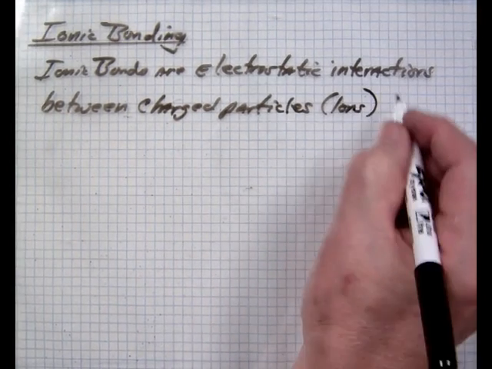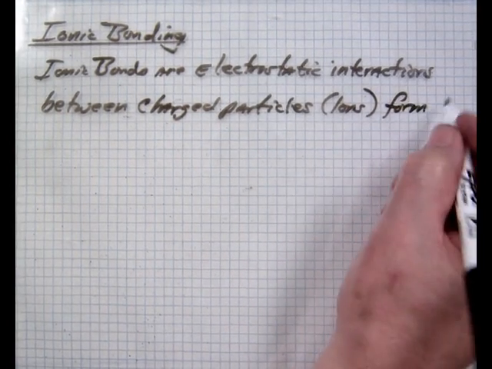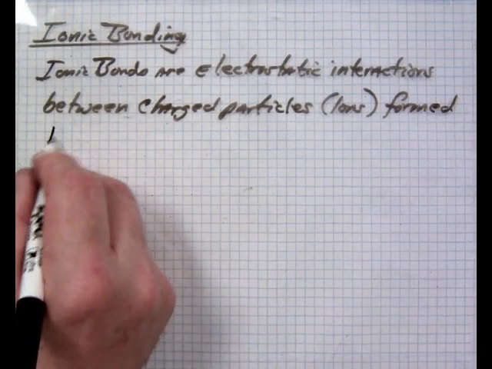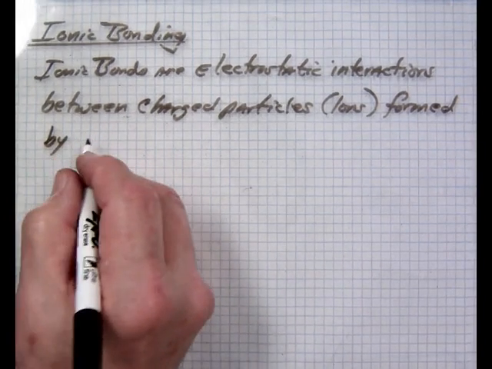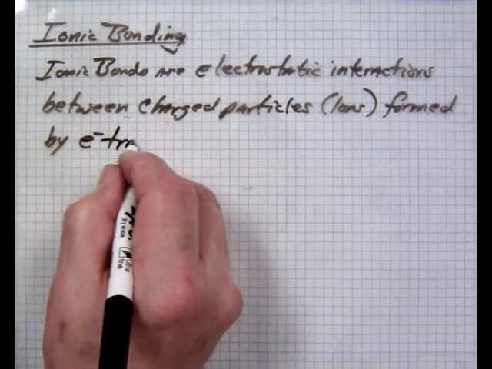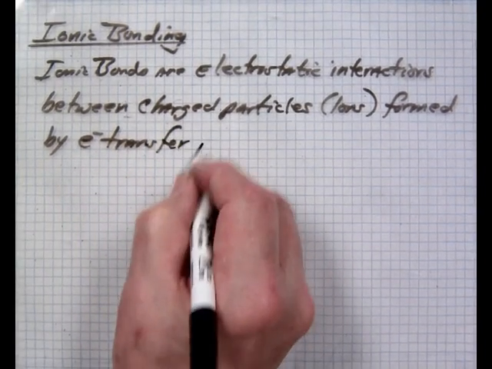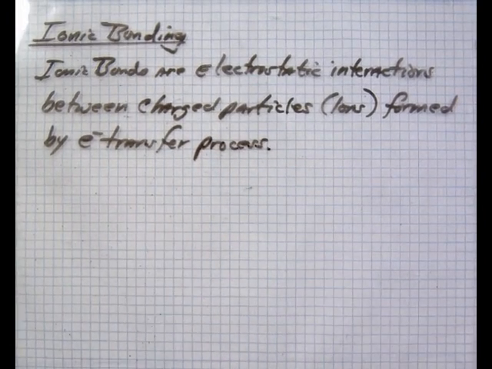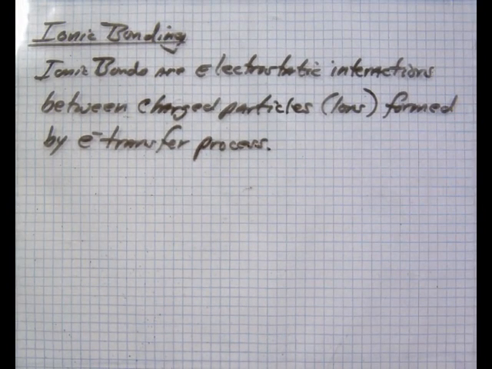Ions formed by electron transfer. In the simplest format of the ionic bond, we find that one of the components of a bond has a positive charge and it results from the loss of electrons, and another component of the bond has a negative charge resulting from the gain of electrons.